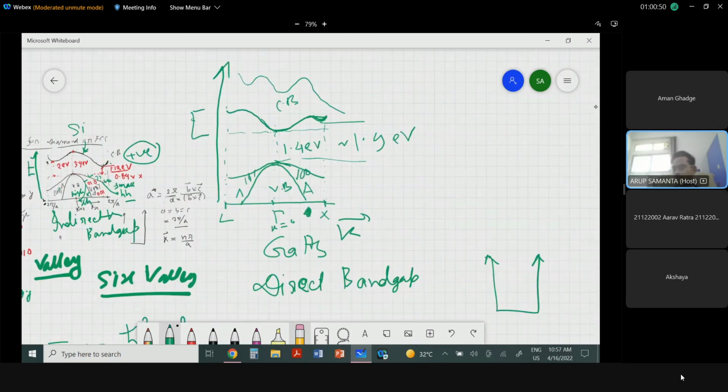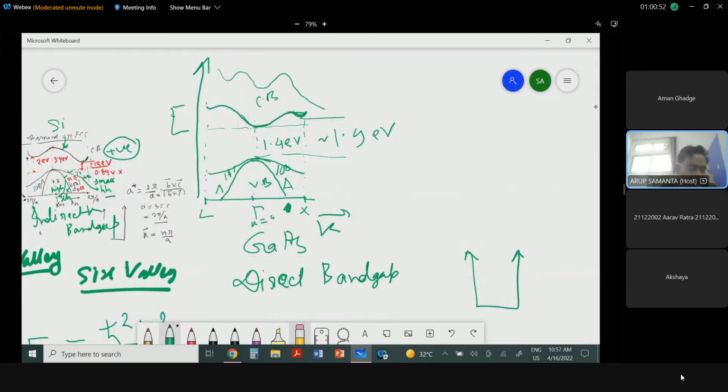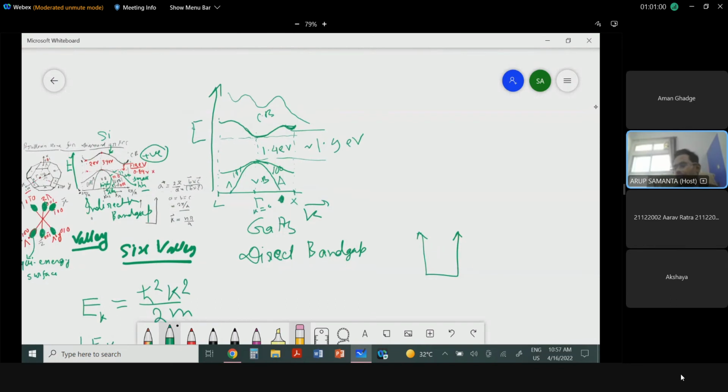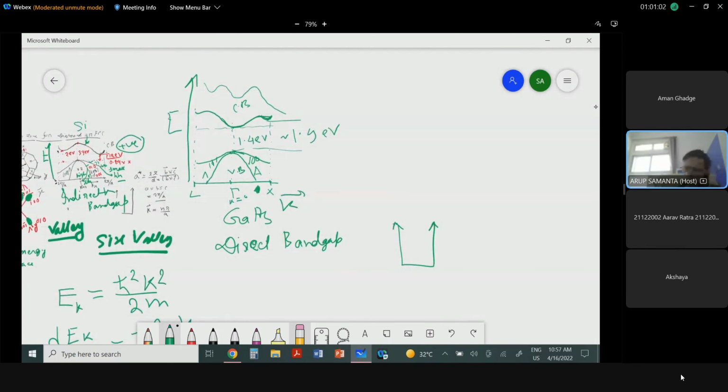If you want to study a material, you have to calculate the structure and identify it. But at this moment, you don't need to go into detail. For graphene, I drew earlier, 6 minima exist also in graphene.